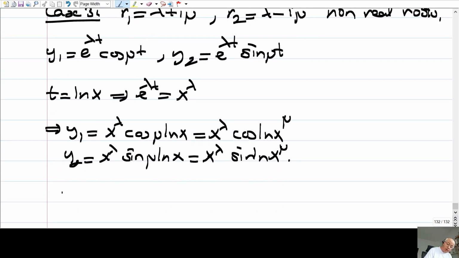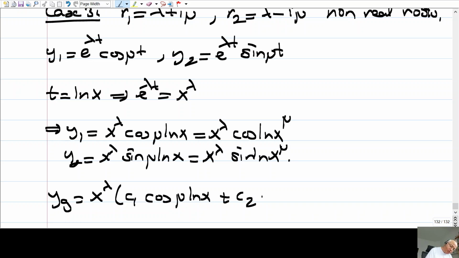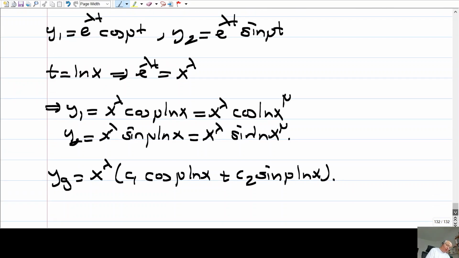So the solution would be x to the power lambda, parenthesis, c1 times cosine of mu times ln x plus c2 times sine of mu times ln x. So these are the solutions.